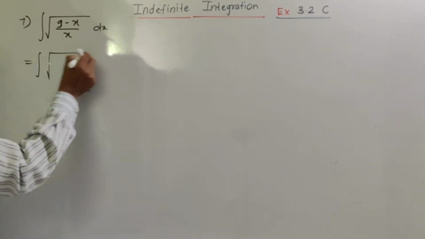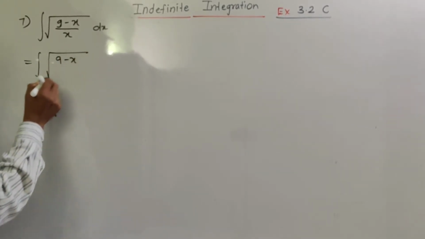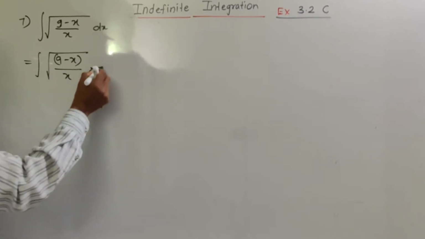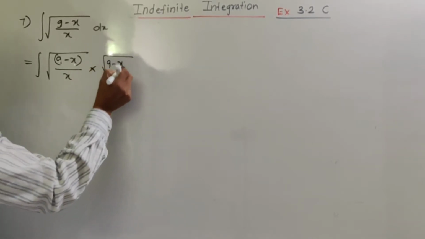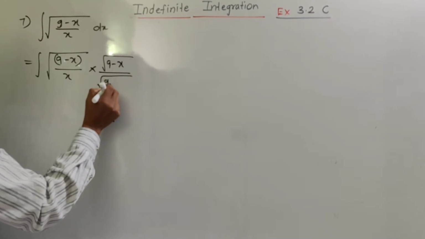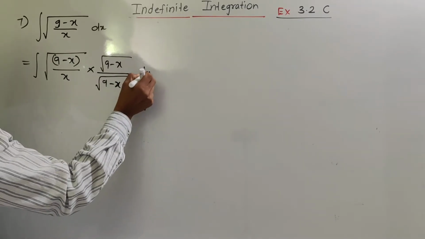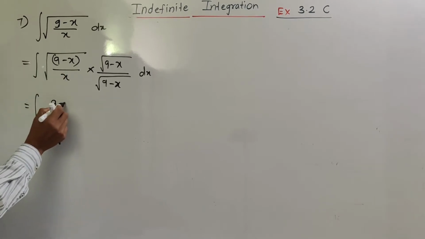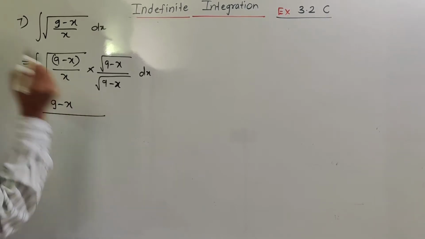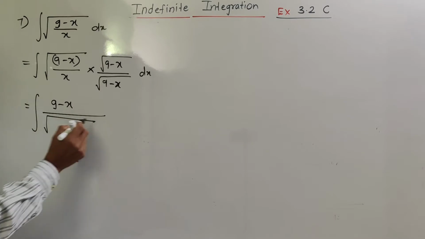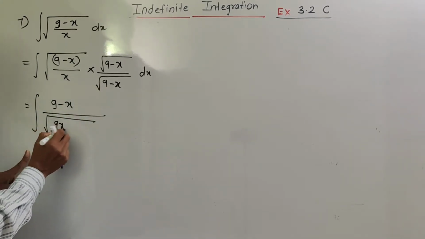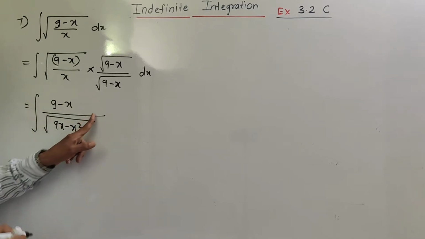That gives root of 9 minus x times root of 9 minus x upon x into root of 9 minus x, dx. Now this square root will be removed: 9 minus x upon root of x into 9 minus x, which is 9x minus x square, dx.